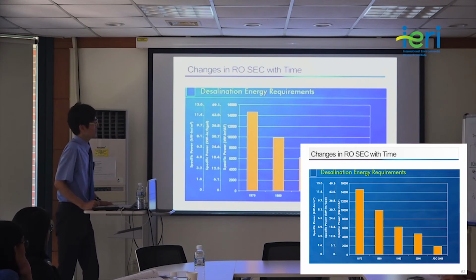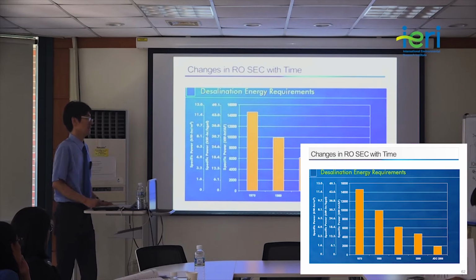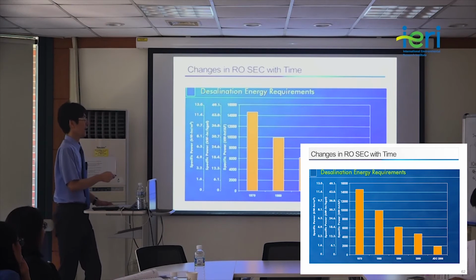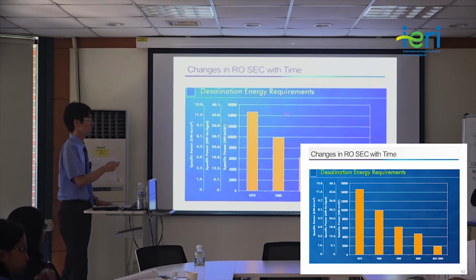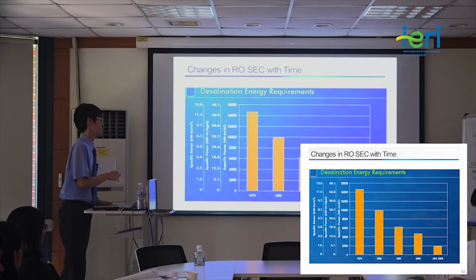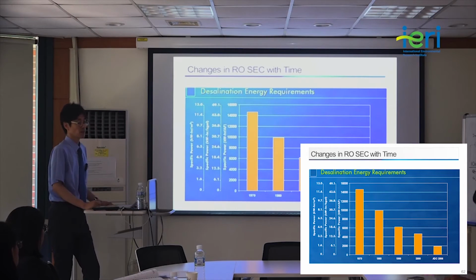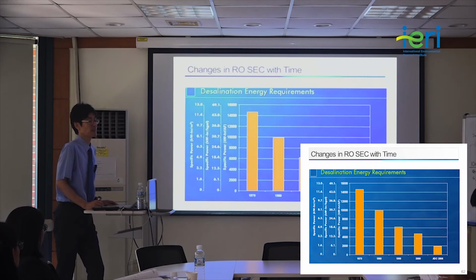But another aspect that people think is that there will be no significant energy reduction in the future. It's not the case that we can reduce more than 30% of the energy as between the 1970s and 1980s, because the energy that we are talking about these days is actually very similar to the thermodynamic energy consumption.